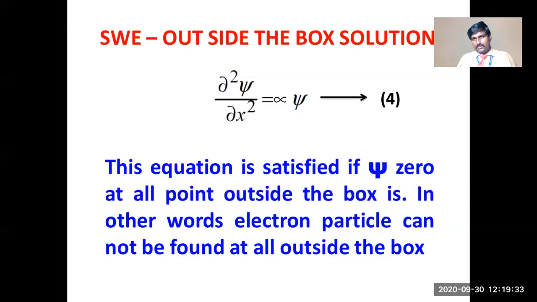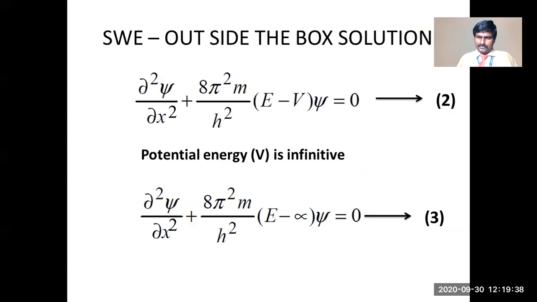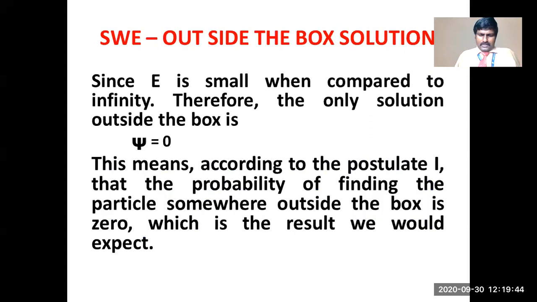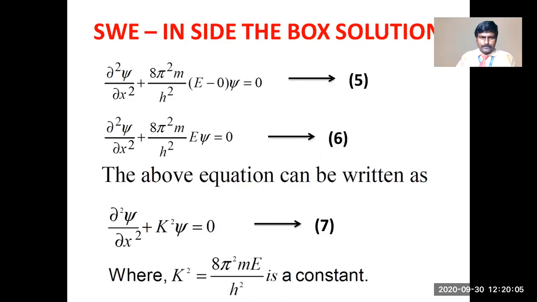Since V is equal to infinity, and since we are substituting infinity in this equation, the entire term becomes infinity. One more assumption we can make here: outside the box psi is equal to 0. That is, the probability of finding the electron will be 0. We can write directly psi is equal to 0 for outside the box.